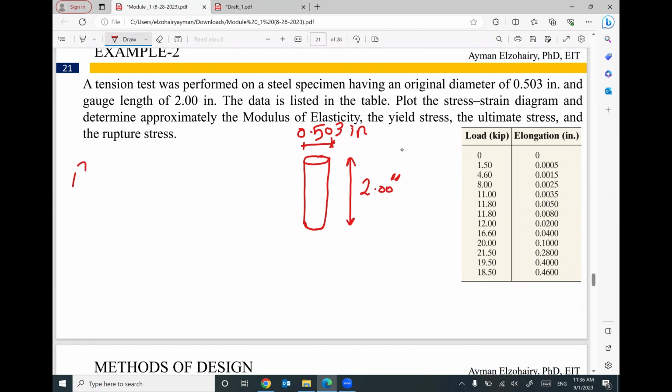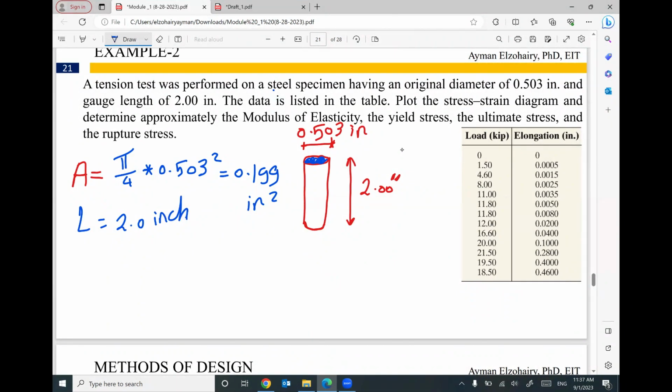So I can figure out the cross-section area of this rebar. This area equals pi divided by 4 times diameter squared. So this area will equal 0.199 inch square.